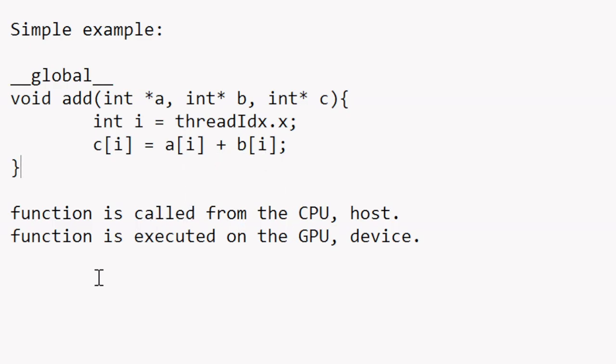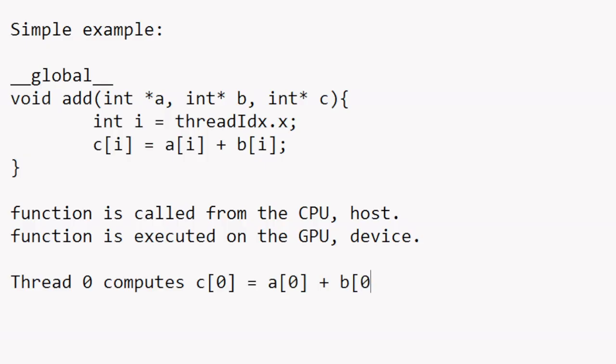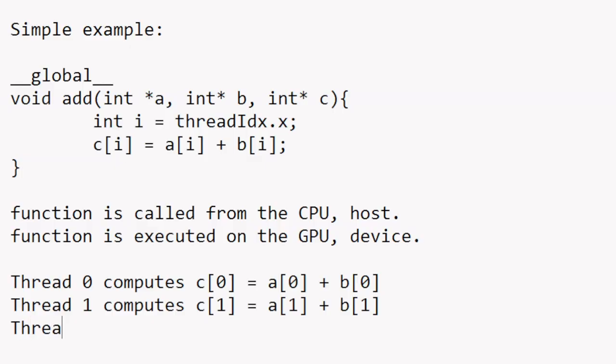For example, thread 0 computes c[0], thread 1 computes c[1], thread 2 computes c[2].